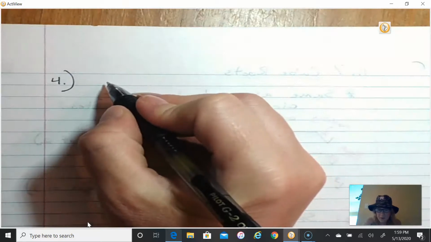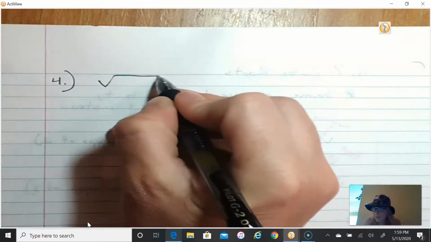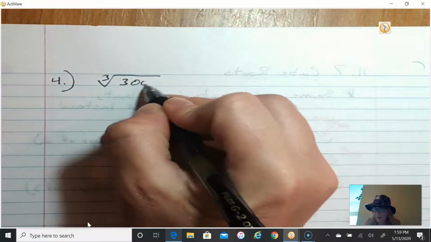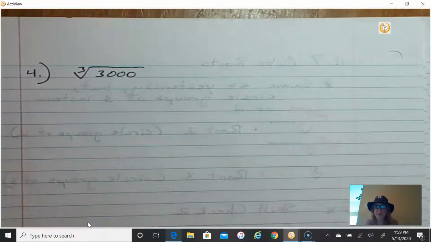Okay, so this is what is the cubed root of 3,000. Don't let the big number fool you.